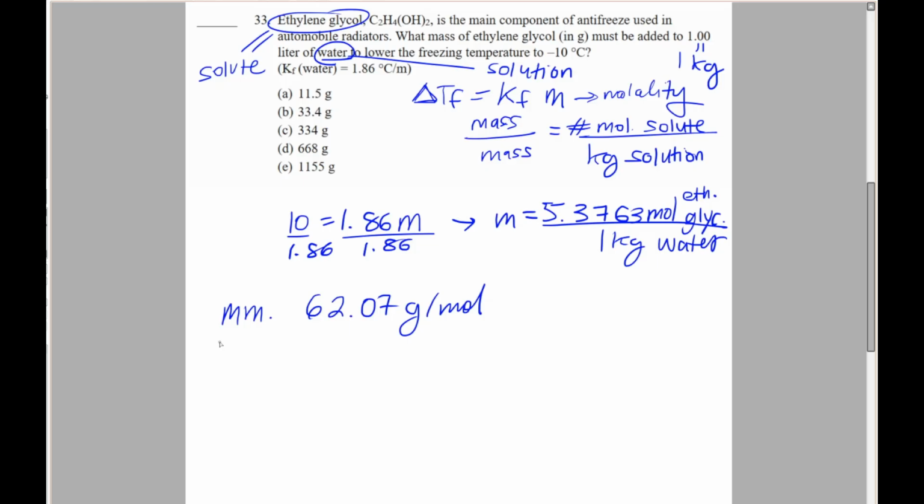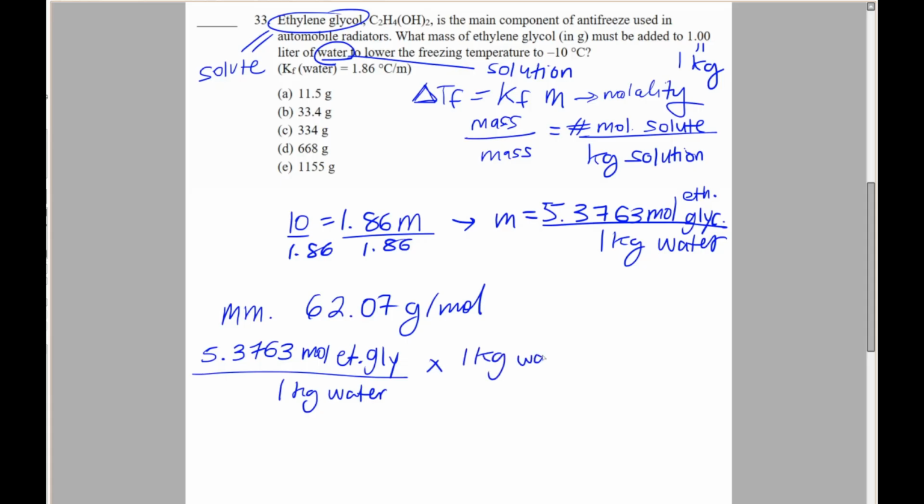So if we do some dimensional analysis, we take our molality that we solved for here, 5.3763 moles of ethylene glycol divided by 1 kilogram water, multiplied by 1 kilogram of water, because we are asked specifically what mass is added to 1 liter of water, or 1 kilogram, which is equivalent. And we also have to multiply that by the molar mass of ethylene glycol. So we have 62.07 grams over 1 mole.